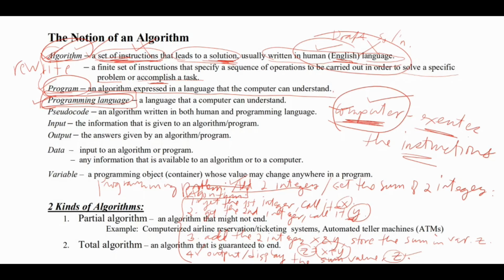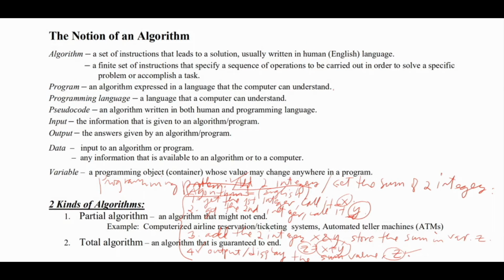But this algorithm is not understood by the computer, and therefore we have to rewrite it using a programming language, because the algorithm is written in English, a human language. Now we have another term, which we call pseudocode. Pseudo means an alias, or not really a true code.